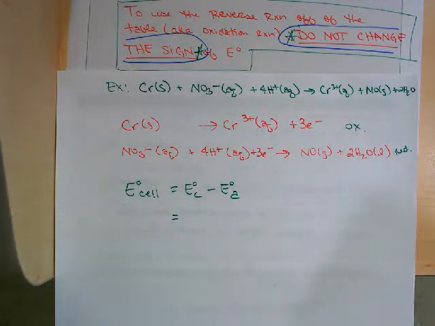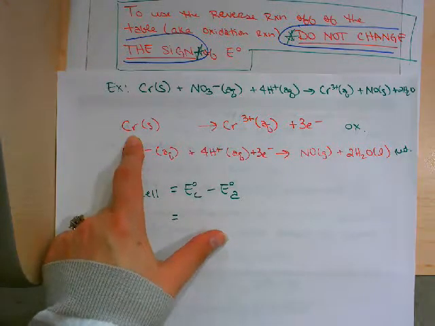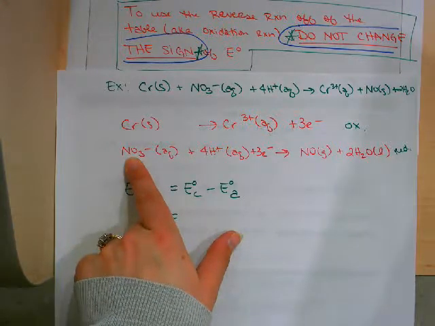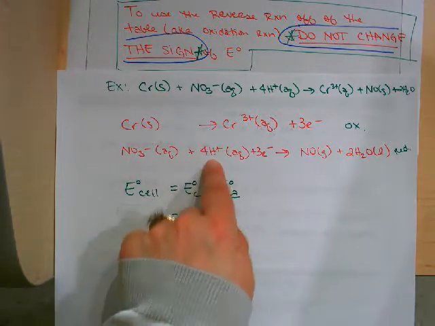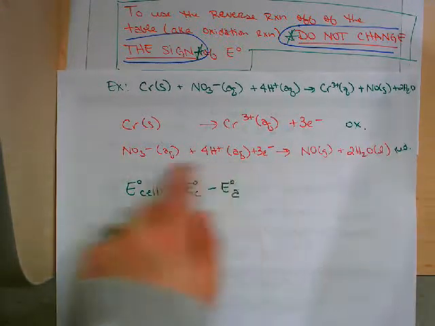Let me figure out where it is first, that way I can show it to you easily. I want to use the one that has the NO3 minus and some protons and some electrons, the one that matches this half.